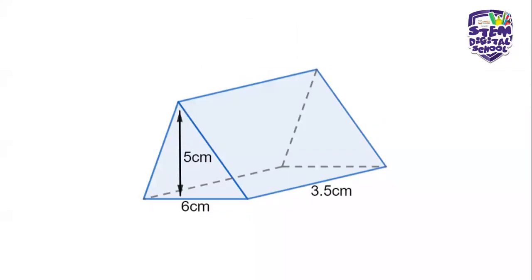Now I've got an object here, which is a 3D object consisting of the length, the breadth, as well as the height. You can see that the length of this 3D object is 6 centimeters, the breadth is 3.5 centimeters, and the height is 5 centimeters.